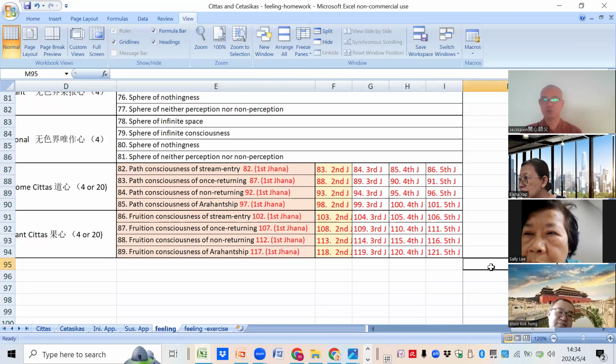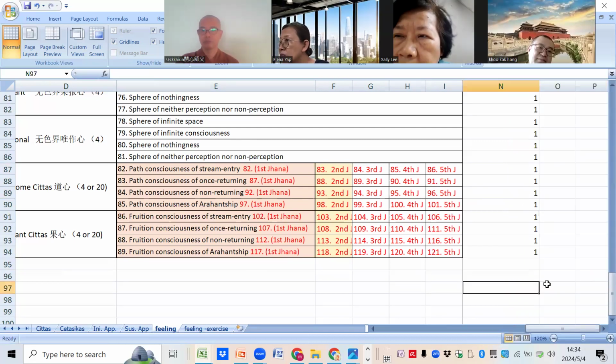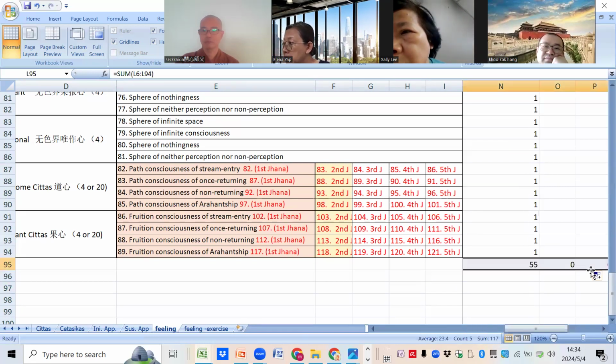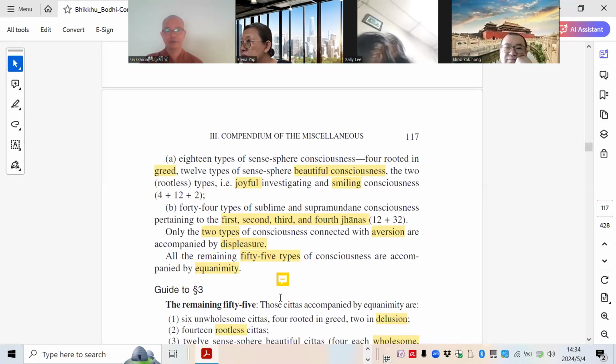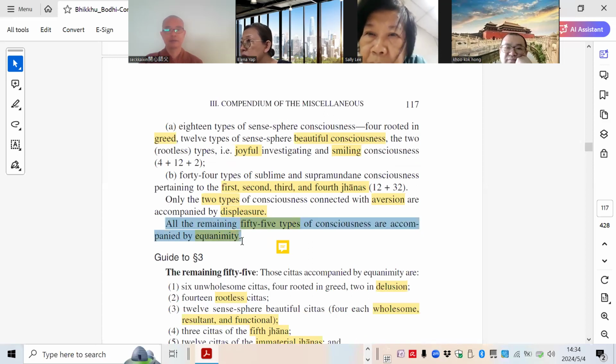Then let's take a look at the total, to see whether we got it correct or not. 55. Class, please check. Is 55 correct? Yes.